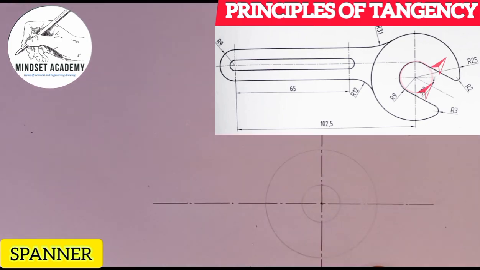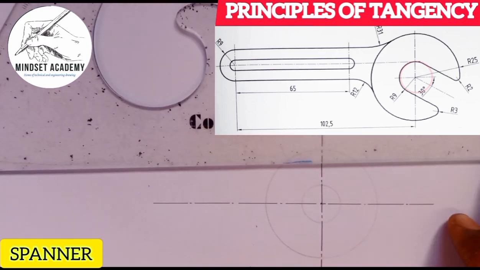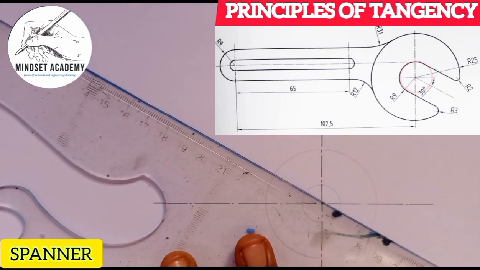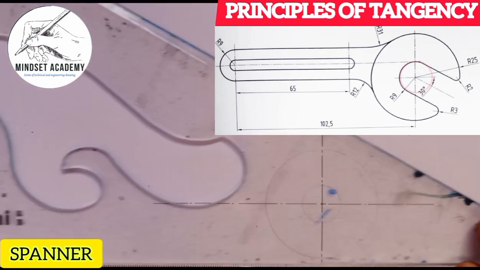Now there's a line that is drawn tangential from this circle straight down, to this bigger circle, and that line is at an angle of 30 degrees altogether. So what we'll simply do here is draw the angle of 30, making use of our set square. When the set square is placed in this manner, this is 30.